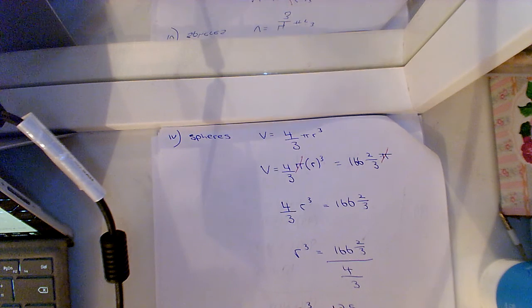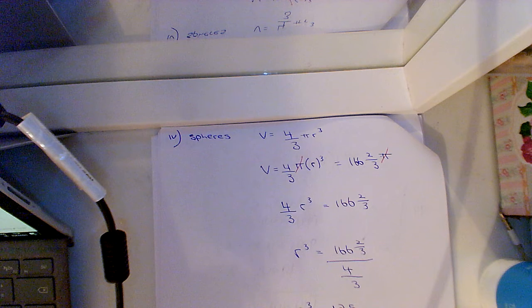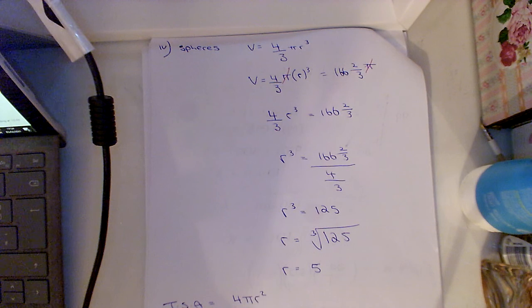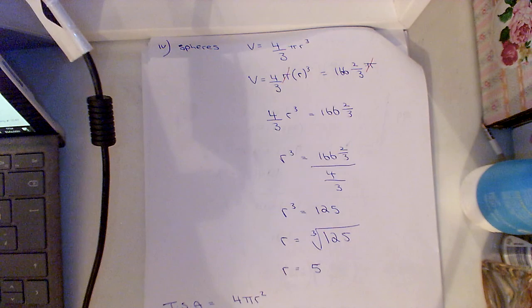Then I have r cubed is equal to 166 2/3 divided by 4/3. And when I put that into the calculator, I get r cubed is equal to 125, then I get the cube root of 125, and I get my radius to be 5. To get my total surface area, my formula is 4 pi r squared. So I have 4 pi (5 squared), and I get 100 pi.